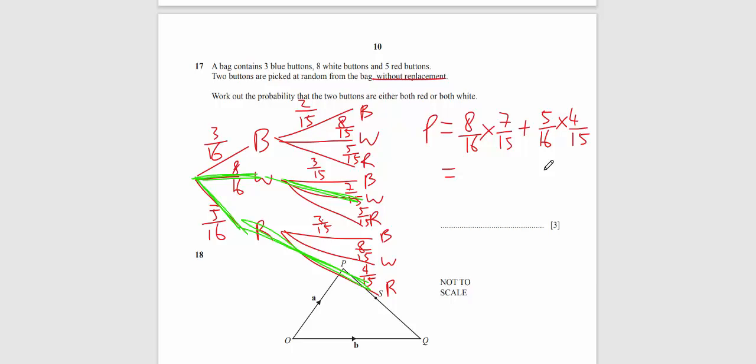Then you will get 19 over 60 as your probability.